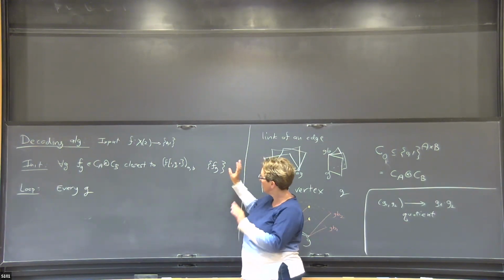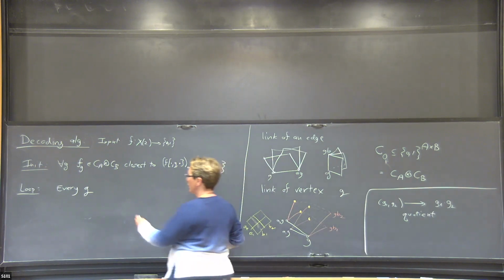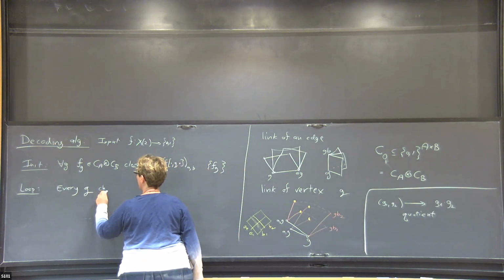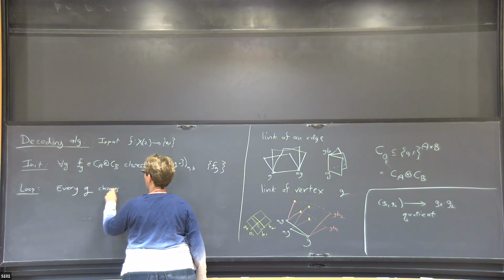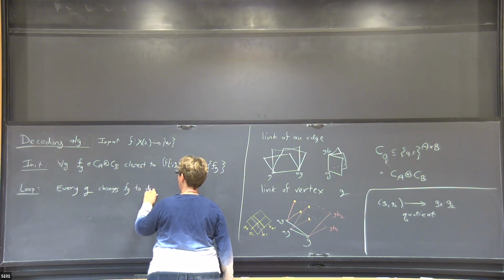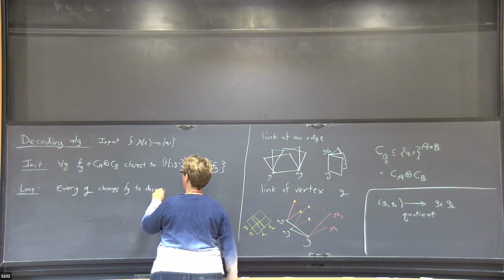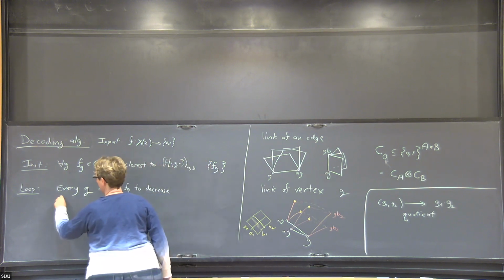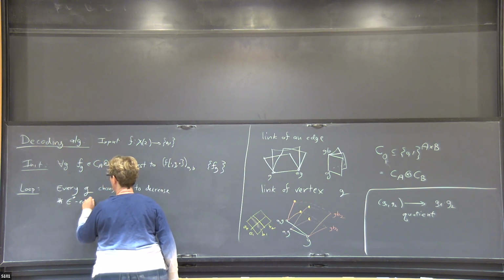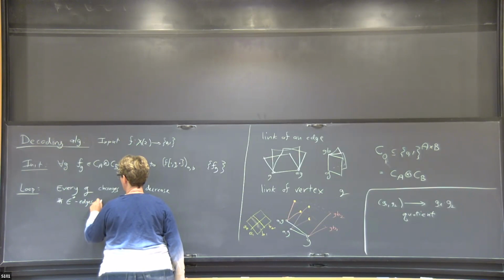So there's no notion of closeness anymore. Every G changes to decrease the number of E star edges touching it.